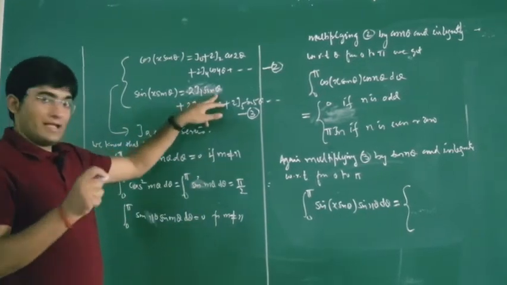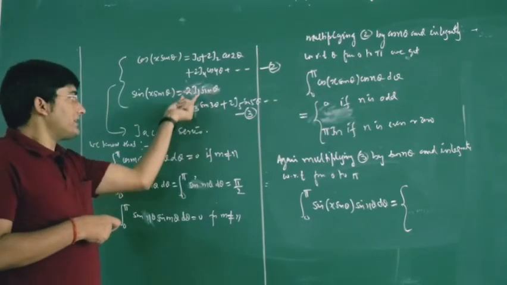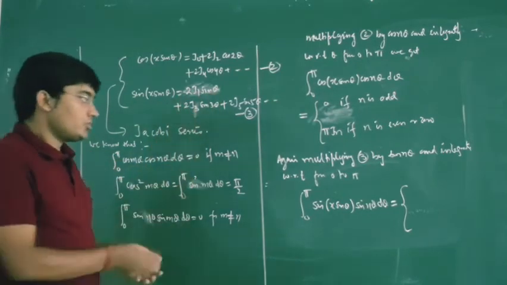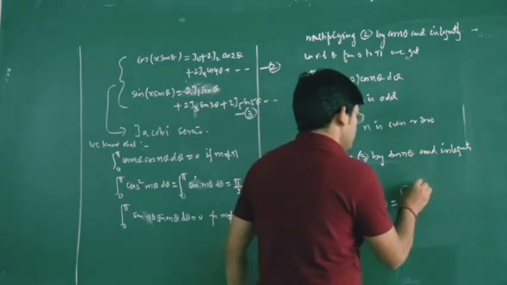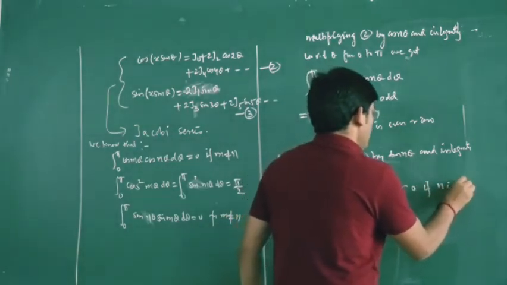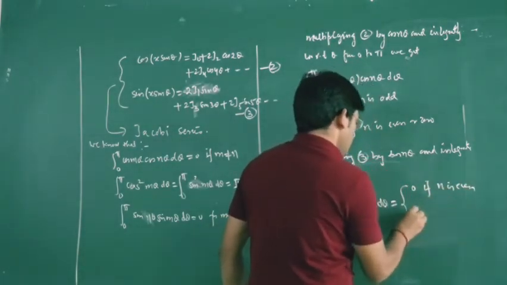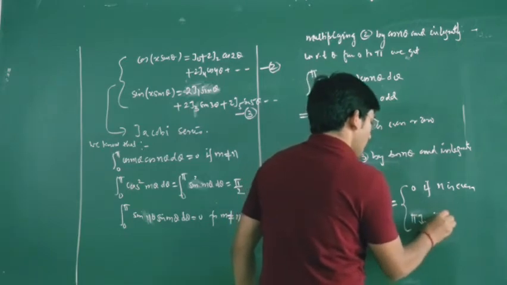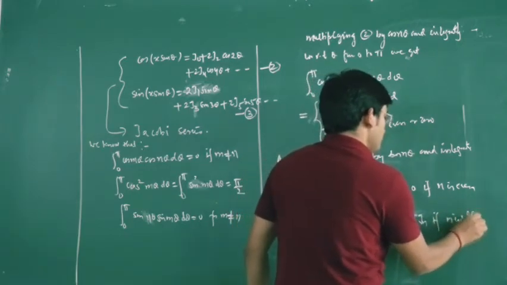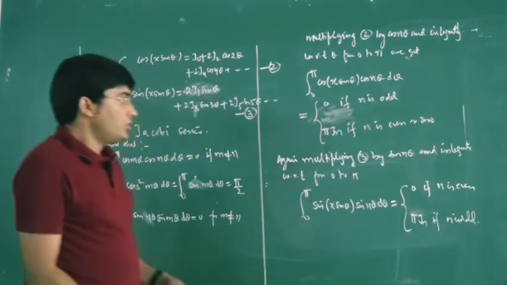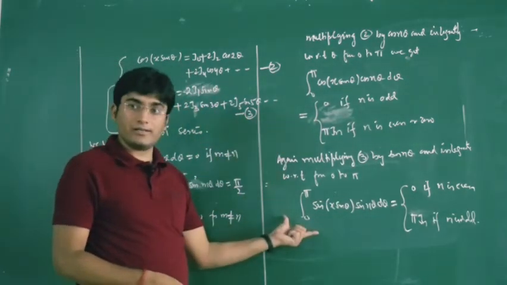And if your n is odd, only in that case we will get the value. So this is 0 if your n is even, and this is pi into Jn if your n is odd. So we have these two important integrals.